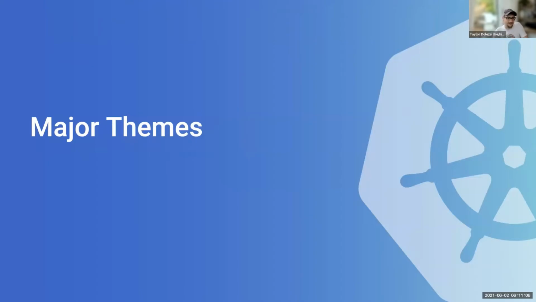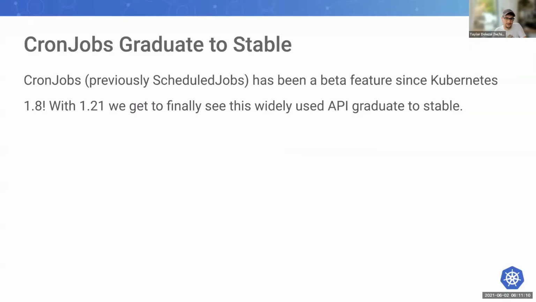Let's start talking about some major themes and what made it into the Kubernetes 1.21 release. One that I'm quite excited about is CronJobs. CronJobs graduate to stable. It is very much like it sounds. CronJobs are meant for performing regularly scheduled actions such as backups, report generation, and so on.